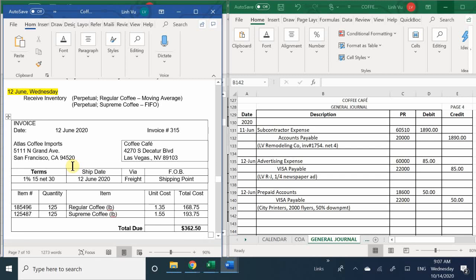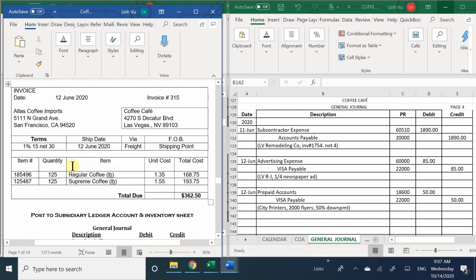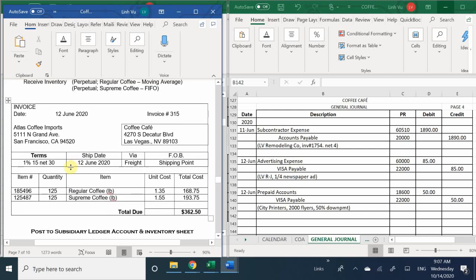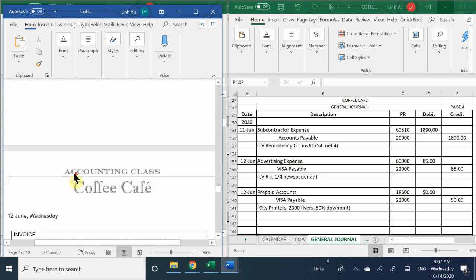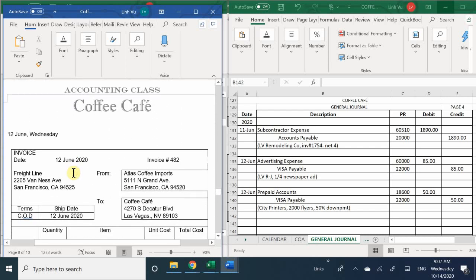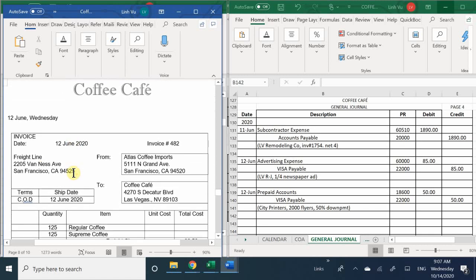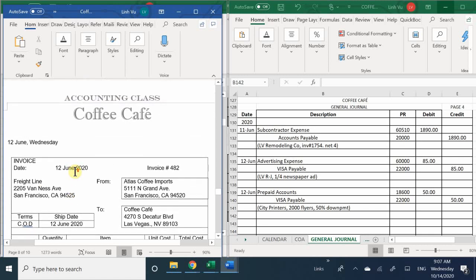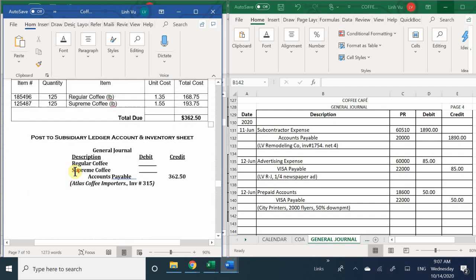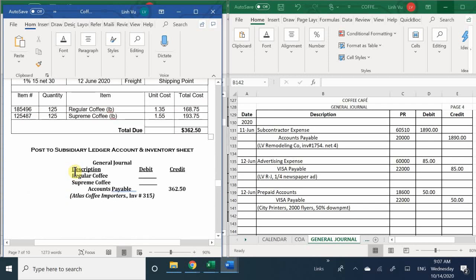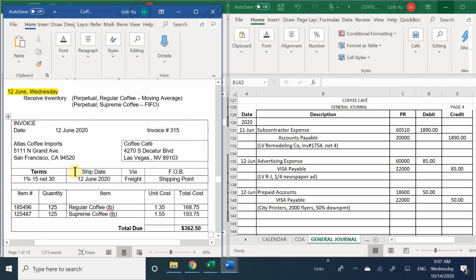It showed only the total cost of the items delivered. So the next transaction is going to be the separate receipt, the separate freight cost, and this one is going to be COD. Before we move on to that, let's look at the transaction at hand.